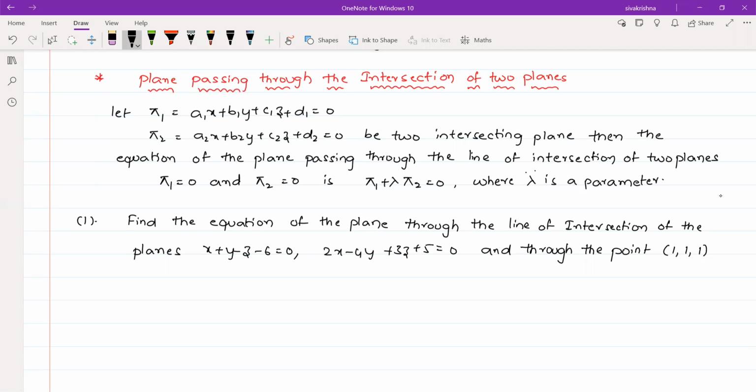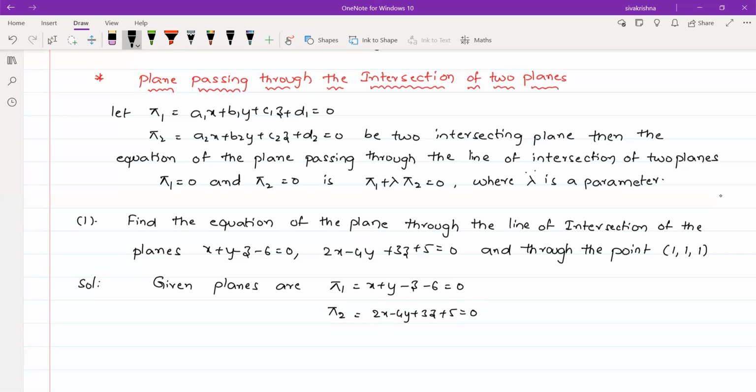Coming to the solution, I am treating the first given plane as pi1, that is x plus y minus z minus 6 is equal to 0, and the second as pi2, that is 2x minus 4y plus 3z plus 5 is equal to 0. These are the two given plane equations.